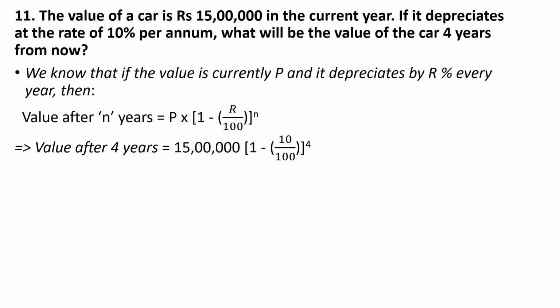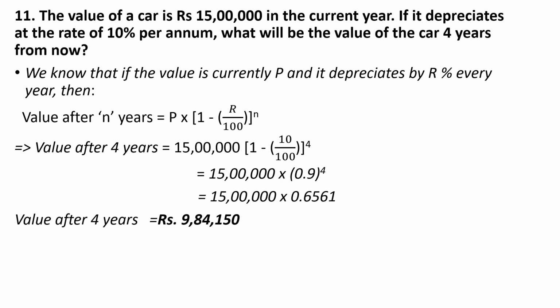So substitute the values. 15 lakh into (1 minus 10%, that is 0.1). So 1 minus 0.1 is 0.9. So 15 lakh into 0.9 whole to the power 4. 0.9 to the power 4 is 0.6561, into 15 lakh.